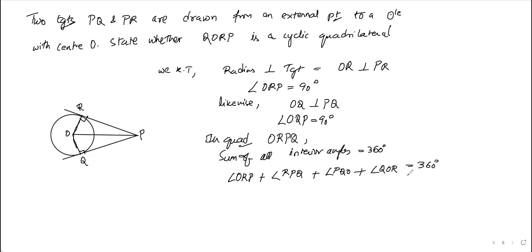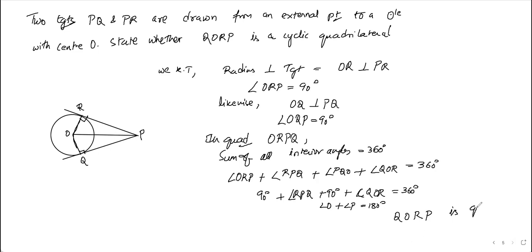So this is 90 degrees plus RPQ plus 90 degrees plus angle QOR is 360 degrees, right? And so angle O plus angle P is equal to 180. So QORP is a cyclic quadrilateral.